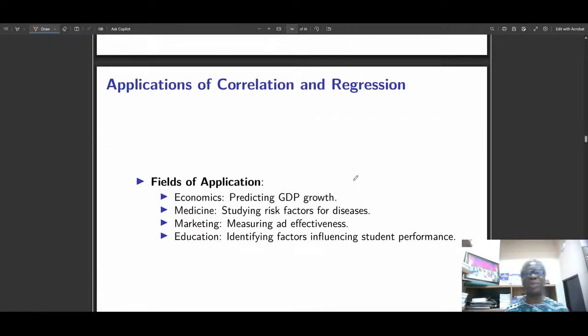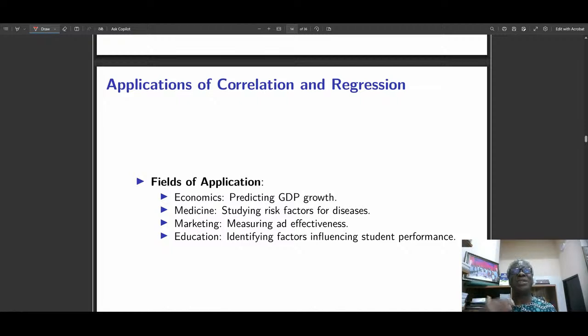So how can we apply this discussion? Which fields? In economics, you must have heard about economists predicting the gross domestic product.